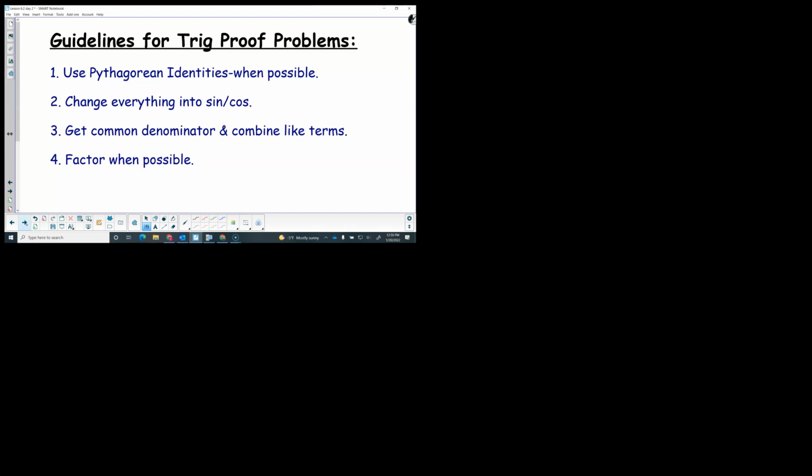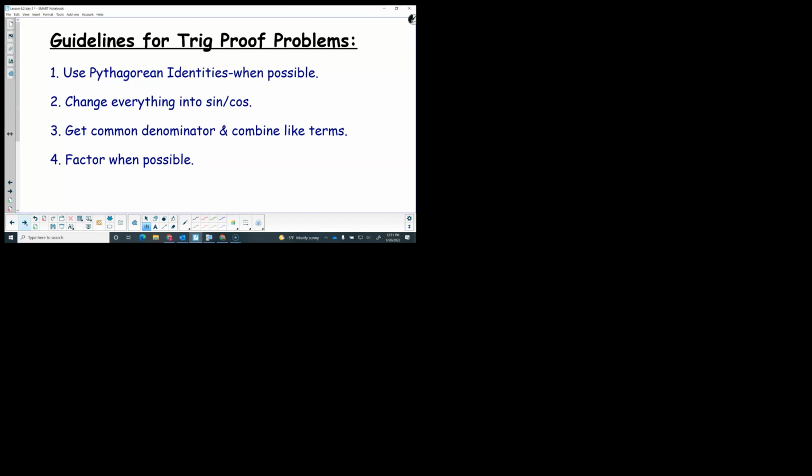Now sometimes I can and sometimes I can't, so that's why I wrote when possible. The second thing I'll try to do is change everything into sines and cosines. For instance, if I have a tangent, a lot of times I'll change a tangent into sine divided by cosine. Or if I have a cosecant, then I'll oftentimes change the cosecant into 1 over sine. So that's guideline number 2.